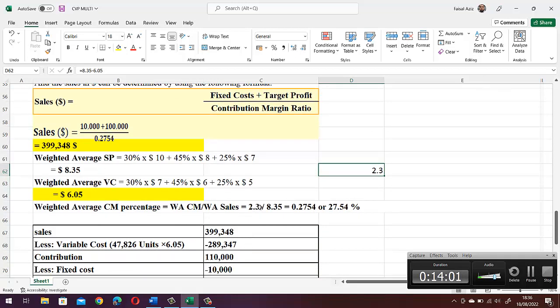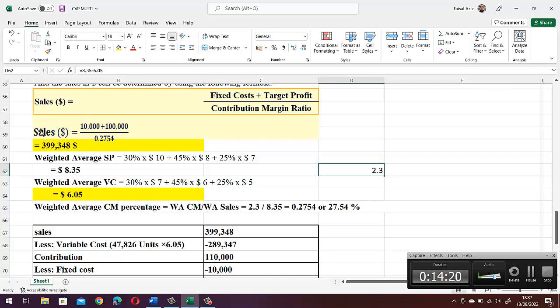So when you divide 2.3 by 8.35, it will give us 0.2754. So this is our weighted average contribution margin percentage. We will put these values in this formula.